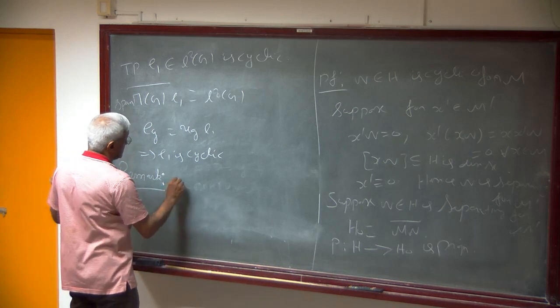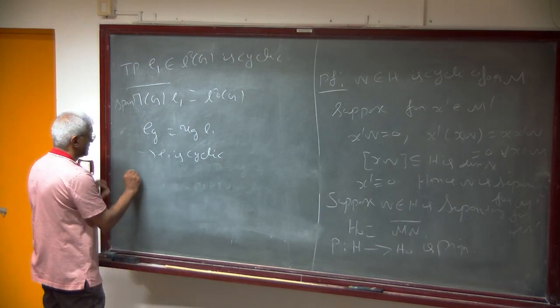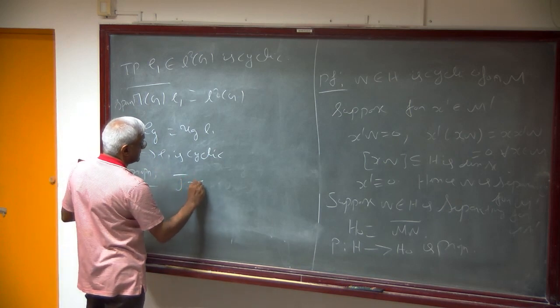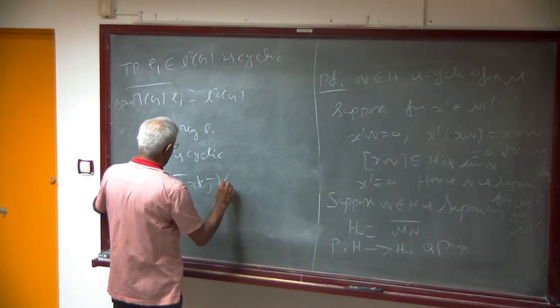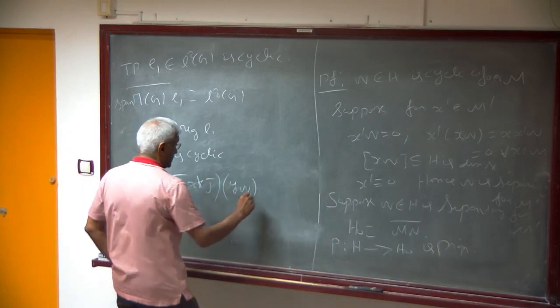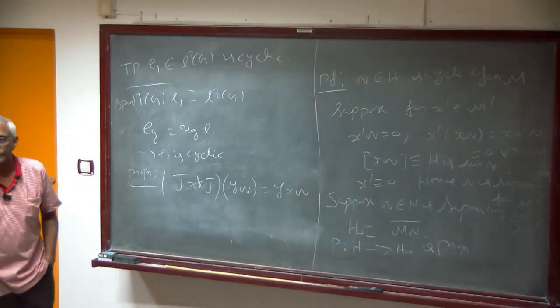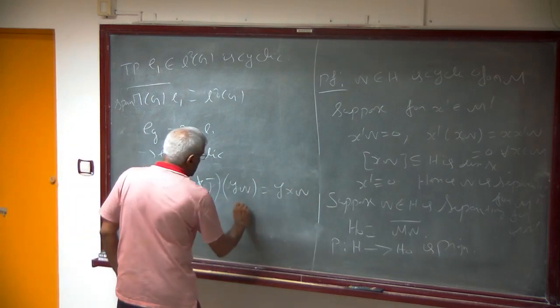Maybe we can say it's a proposition. J x star J acting on y omega equals y x omega, for all y.